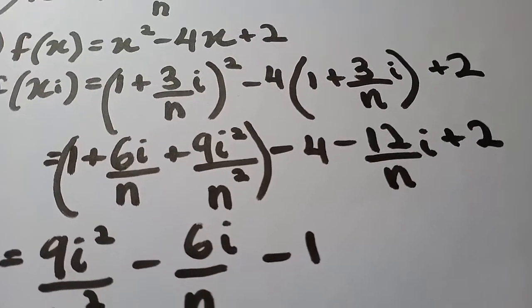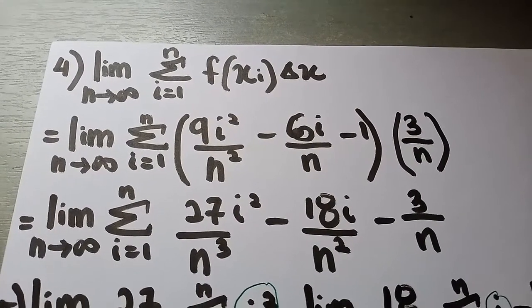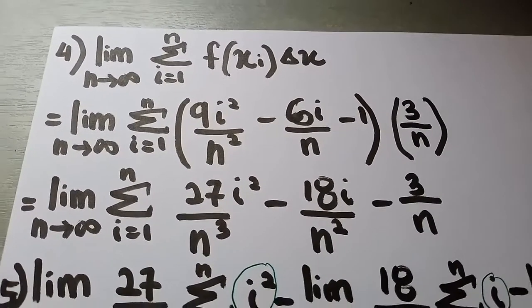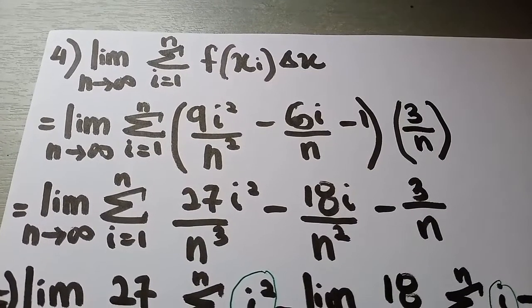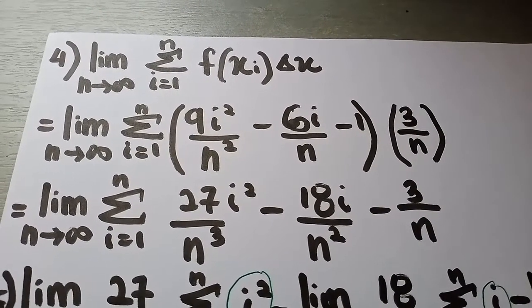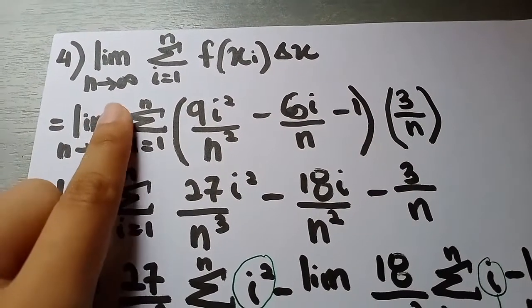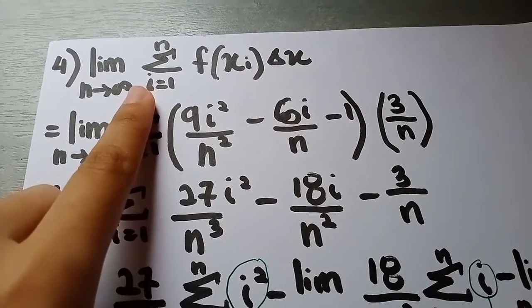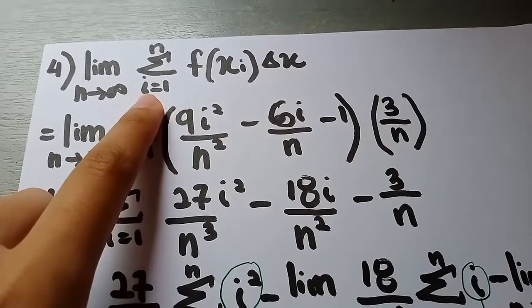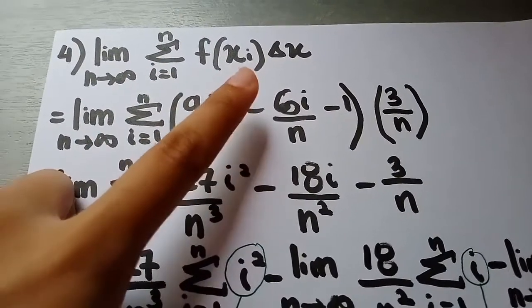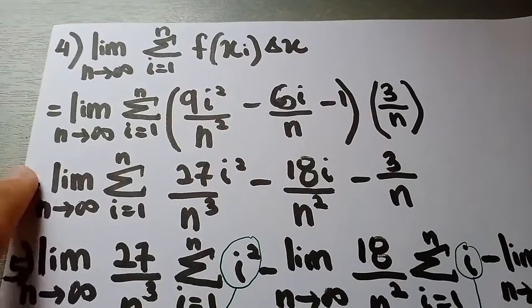The fourth step is to calculate using the Riemann sum formula, which is the limit as n approaches infinity of the summation i equals 1 to n of f(xi) times delta x, and we get it like this.